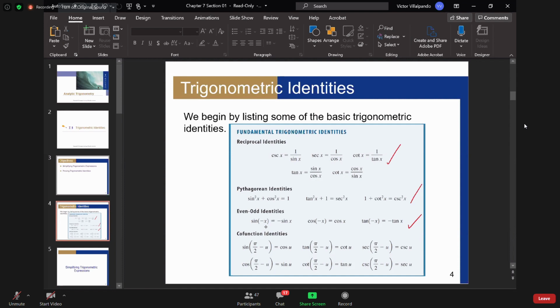What's new is the cofunction identities. Now, since it is new, to be honest, I don't recall using cofunction identities that much. Maybe once, maybe twice. So if needed, we'll come to the cofunction identities, maybe later on in this chapter.